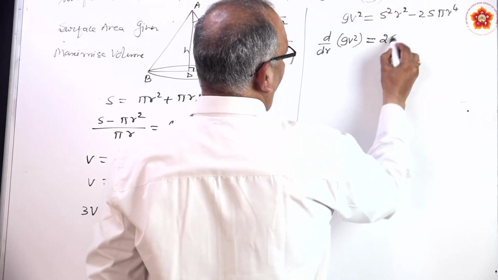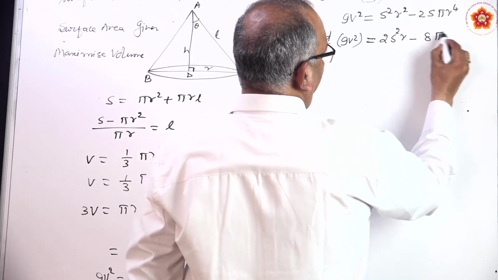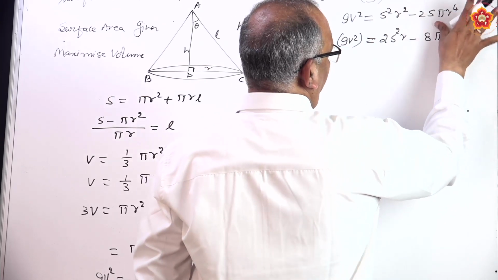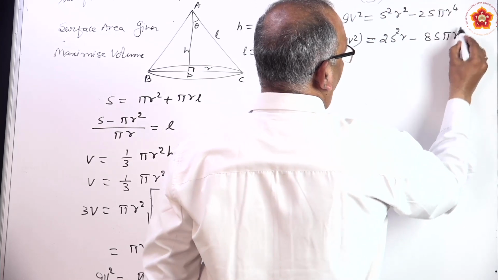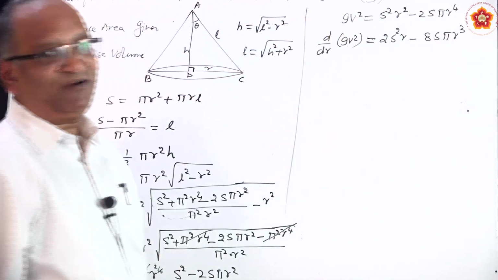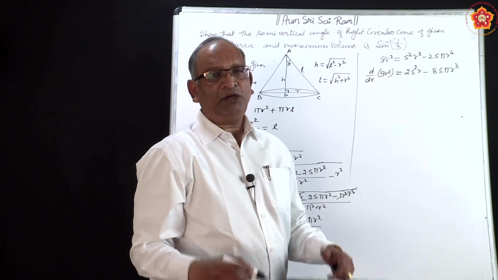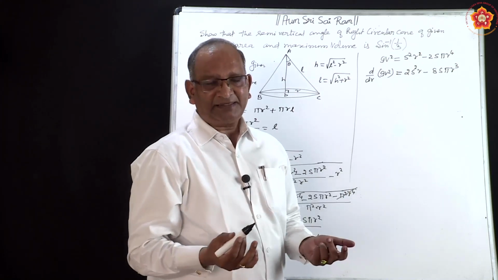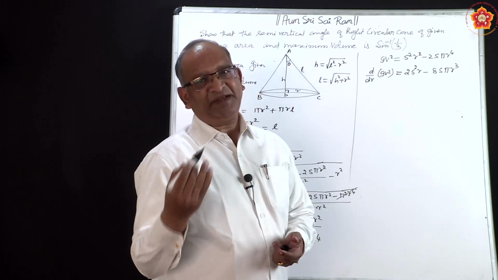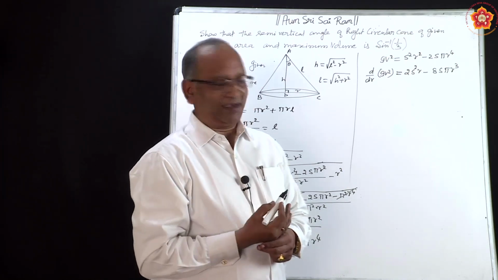So it is 2s square r minus 8s pi r cube. This is the first derivative. Okay, and we know that in order to prove it is maximum or minimum, the method is equate first derivative with 0 and get the value of r.